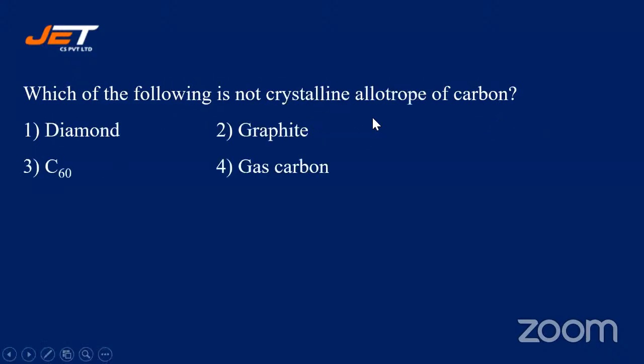Which of the following is not crystalline allotrope of carbon? You can answer it easily. Not crystalline. Akhilesh Reddy, read the question properly. Diamond is crystalline allotrope.